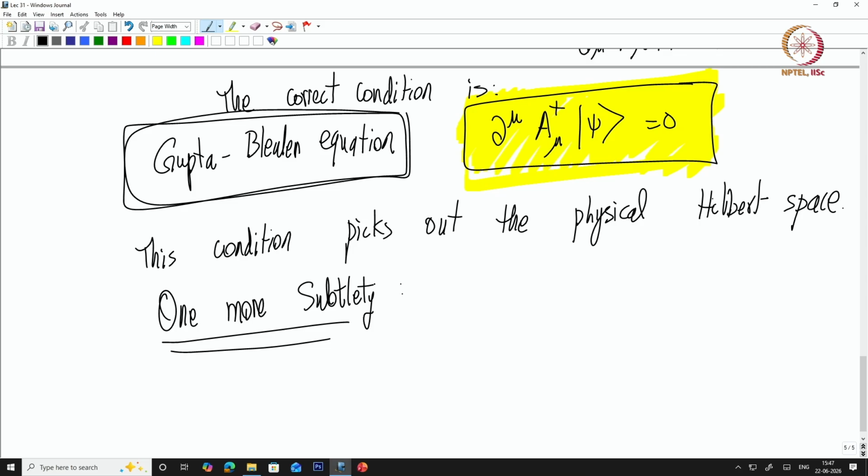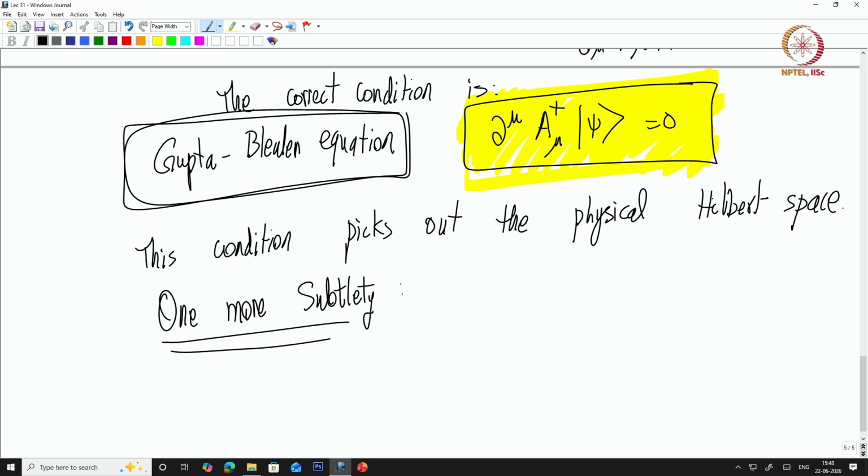Yes, it does throw out all the negative norm states essentially, but the physical states are actually a linear combination of the transverse states and the longitudinal states essentially.